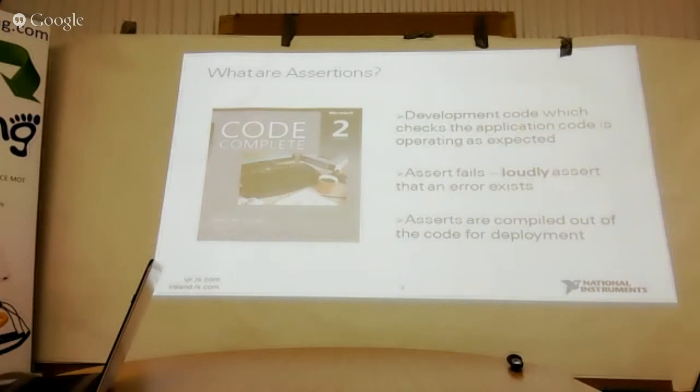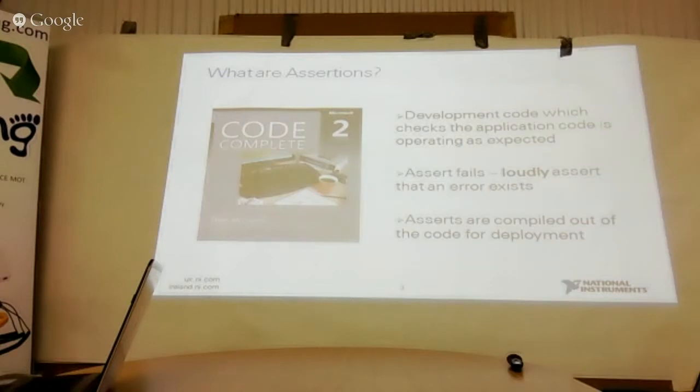If, two or three months down the line after you've developed a piece of code, one of those asserts fails, it's because your code has gone into some corner case that you hadn't taken account of. It will loudly assert and flag up an error or a dialog box or write a report to tell you this piece of code has a bug in it and you need to sort that out.